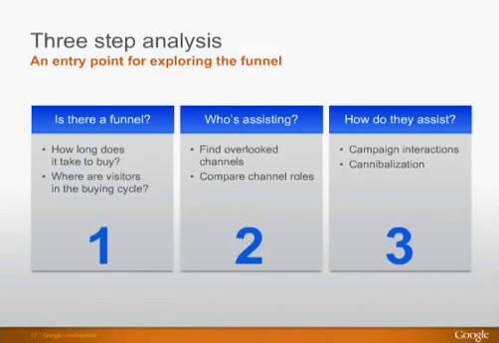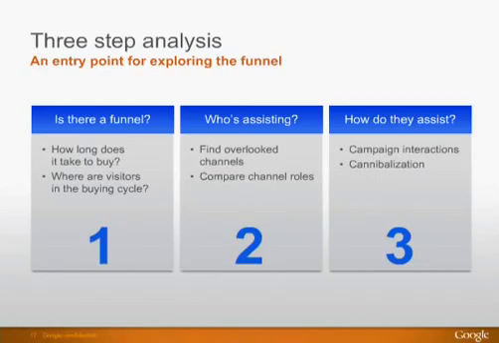The first question, and I'll walk through how you can answer these and go through the reports to get at them, is understanding: is there a funnel? I think this is a really important place to start because this can really vary across both the type of advertiser you are as well as the type of goal that you're measuring. You can find that for some goals, like a simple lead form, there can be very few touch points in advance.